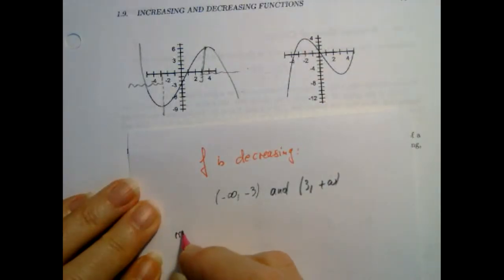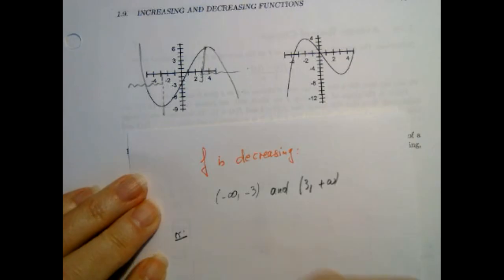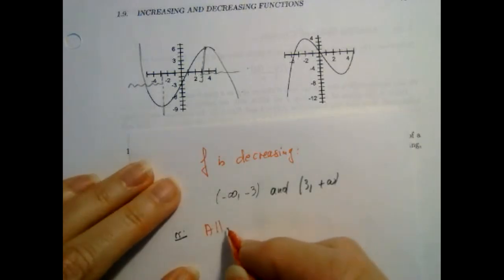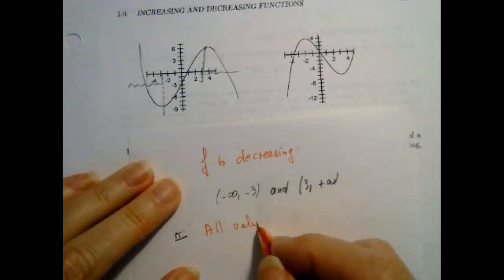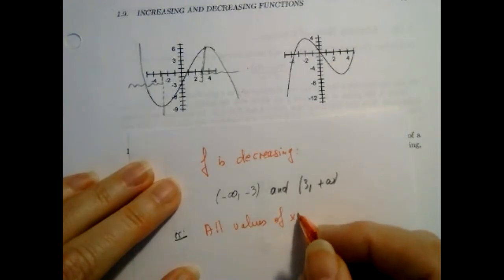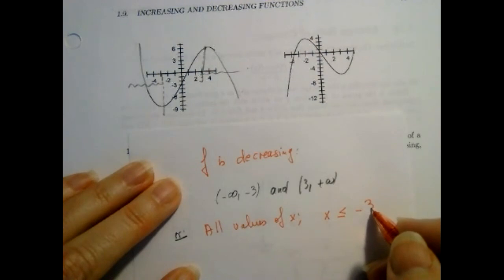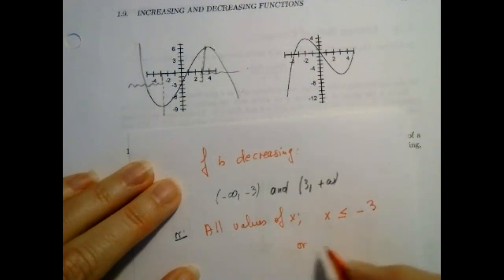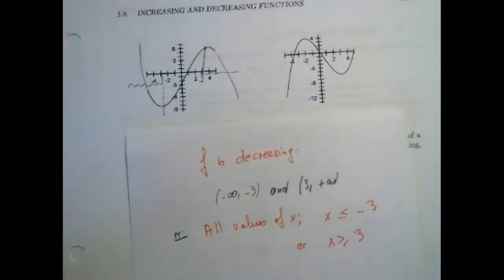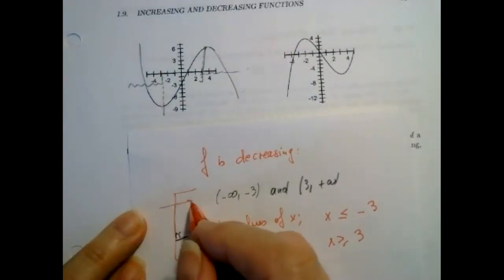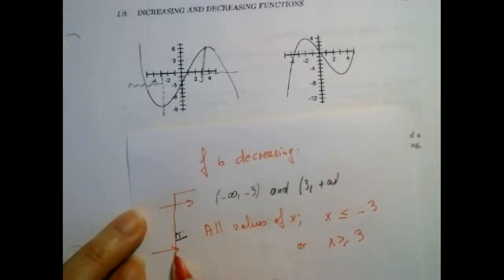Or you can say, as I did last time, for all values of x that has the property x less or equal to -3, or x larger or equal to 3. So you can either give me an interval notation, or write it in words, whichever you're more comfortable with.